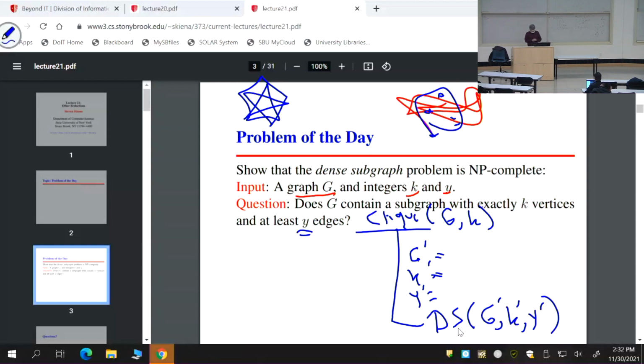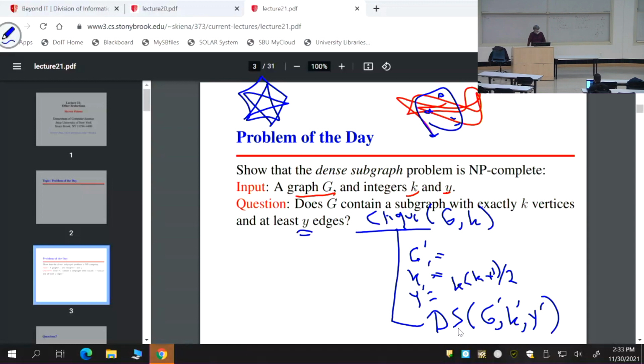If I had a densest subgraph solver, how would I use my densest subgraph solver to solve clique? Yes? Y prime is k times k minus 1 over 2. Where did that come from?